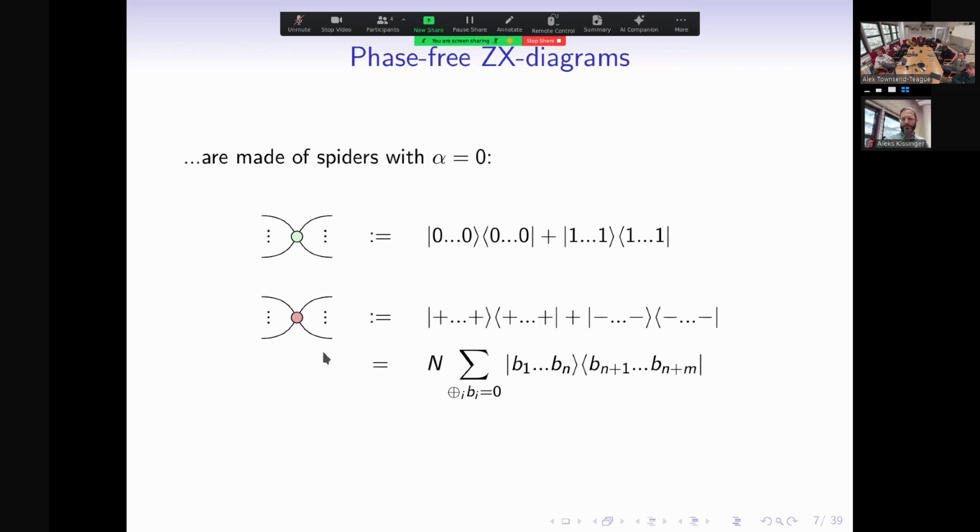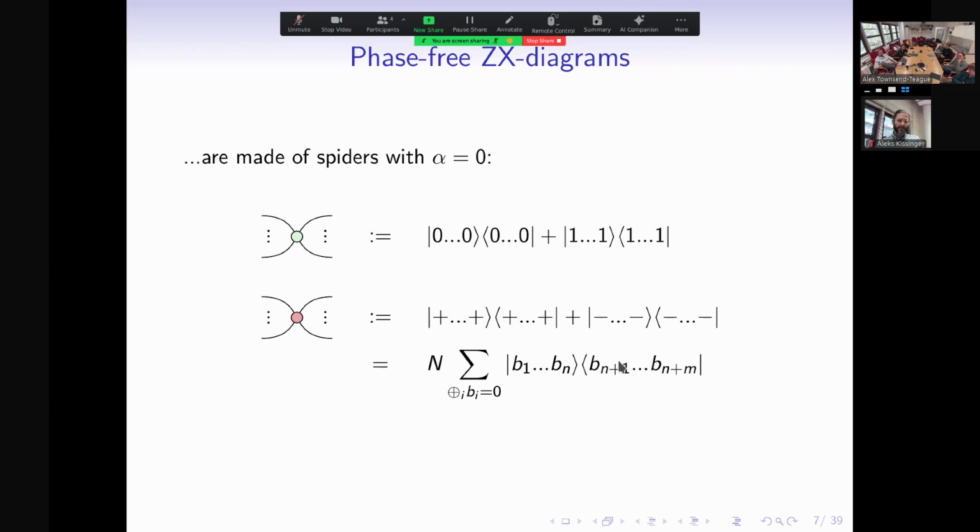So this generator can just be thought of as summing over all the bit strings of even parity in the computational basis. And that's really where all this F2 linear structure comes from. If I have this thing with, say, 2 wires in and 1 wire out, that's like the linear map that takes 2 computational basis states and adds them modulo 2. So it takes their XOR.